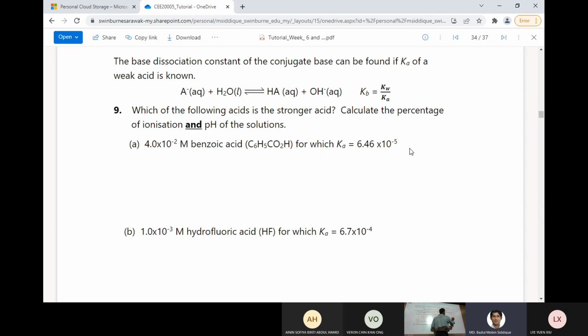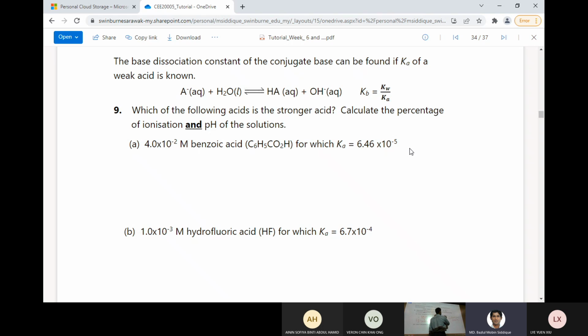So C6H5COO negative, and this is hydrogen ion positive, divided by exactly the same thing, C6H5COOH. So this is the equation for the acid dissociation constant.